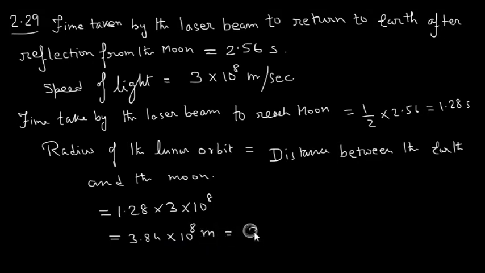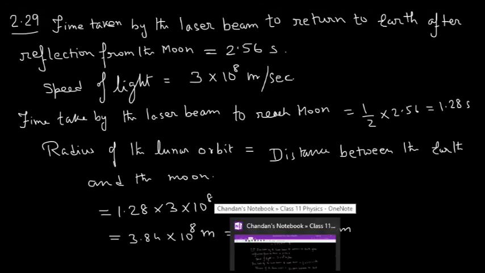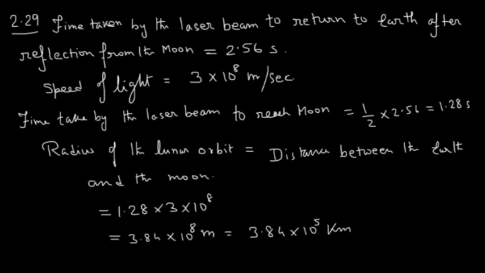That is 3.84 multiplied by 10 to the power 5 kilometer. So this is the radius of the lunar orbit.